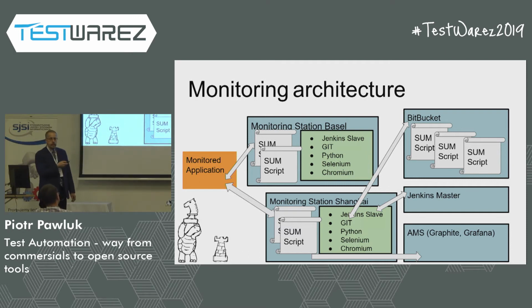And what is the stack which we are using? Everything is managed by Jenkins. On each monitoring machine, we need a Jenkins slave to start the script. We need Git to communicate with our software repository, in our case Bitbucket.